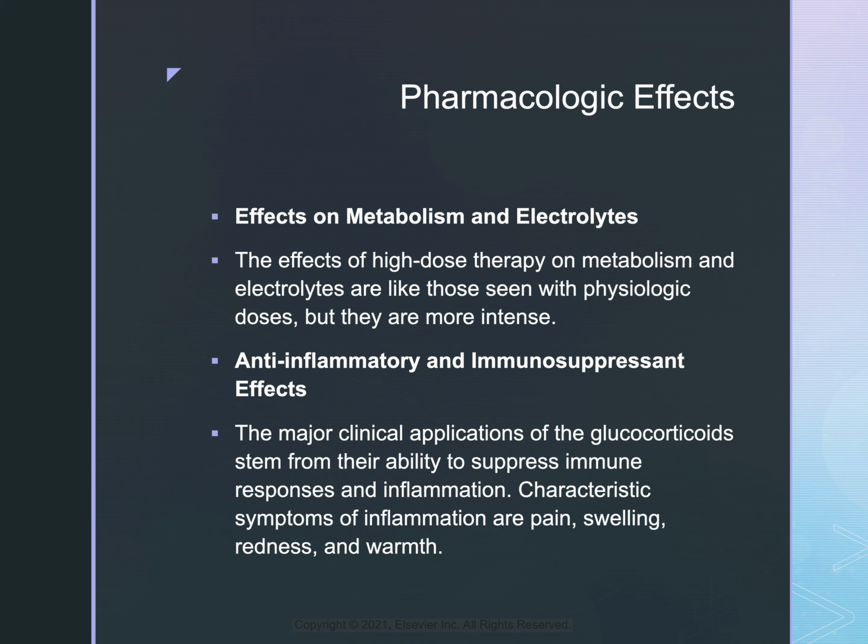Additionally, high dose therapy can also inhibit the absorption of calcium in your intestines, so you may be left with less absorption there. The effects of high dose therapy on metabolism have to do with a rise in glucose and the suppression of protein synthesis. Remember also that fat deposits become mobilized, but just remember that this is going to have a rather small effect.